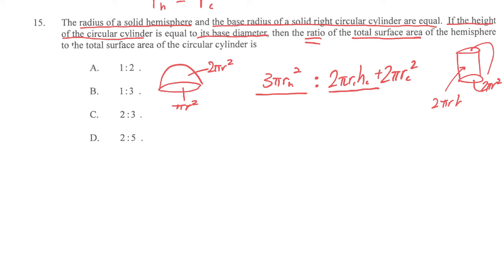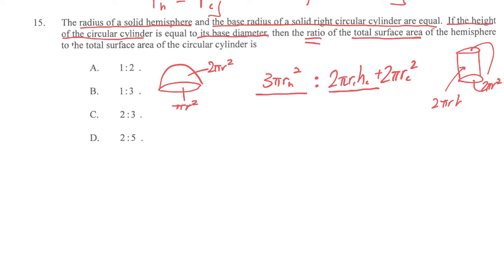Now, when we want to make the ratio, we should end up with just numbers. That means we need to make every radius and the heights become one single term. That's what we're going to do with the relationships that we got earlier.